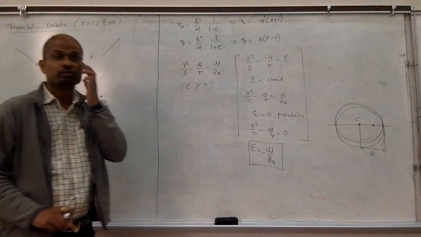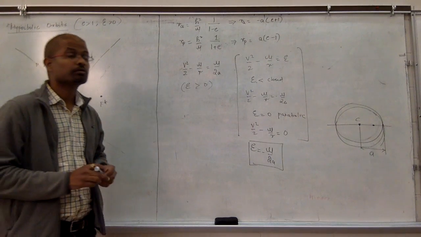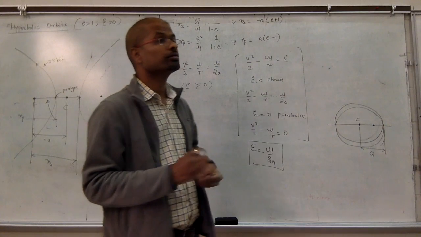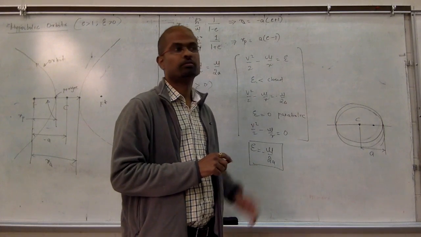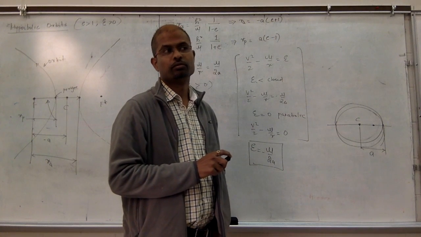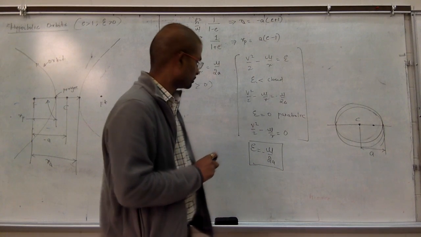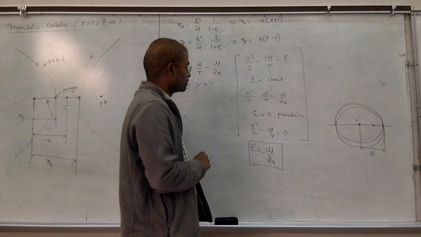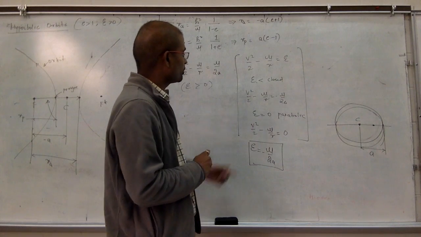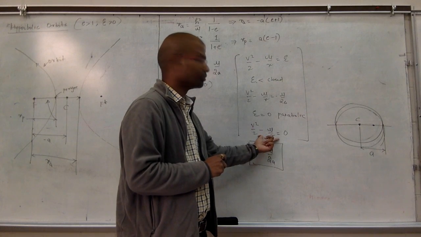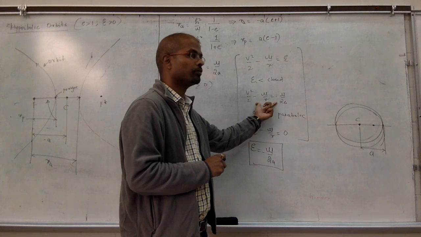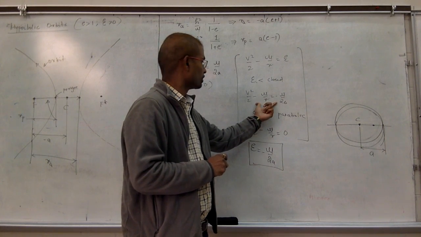Correct? Yes. So like we did for the parabolic orbit, we still have to find the velocity for the hyperbolic orbit, like how we calculated it last time for the parabolic orbit. With that equation we don't have to solve for v, right?